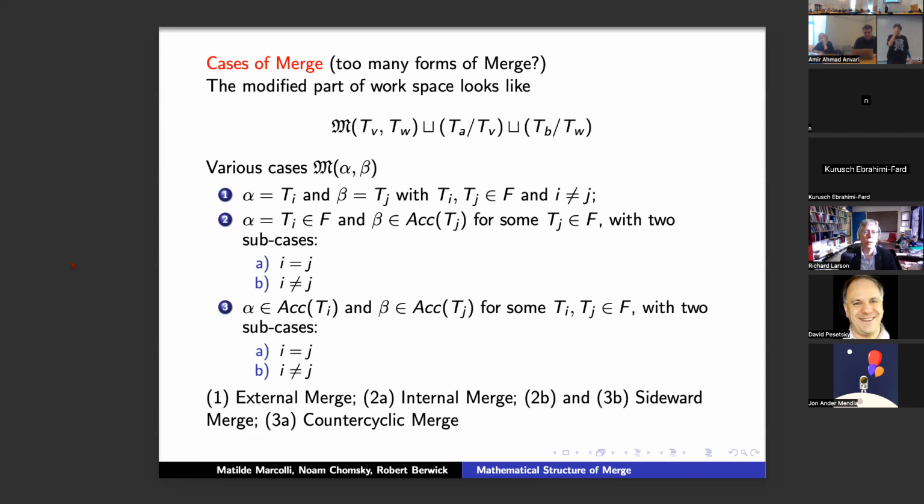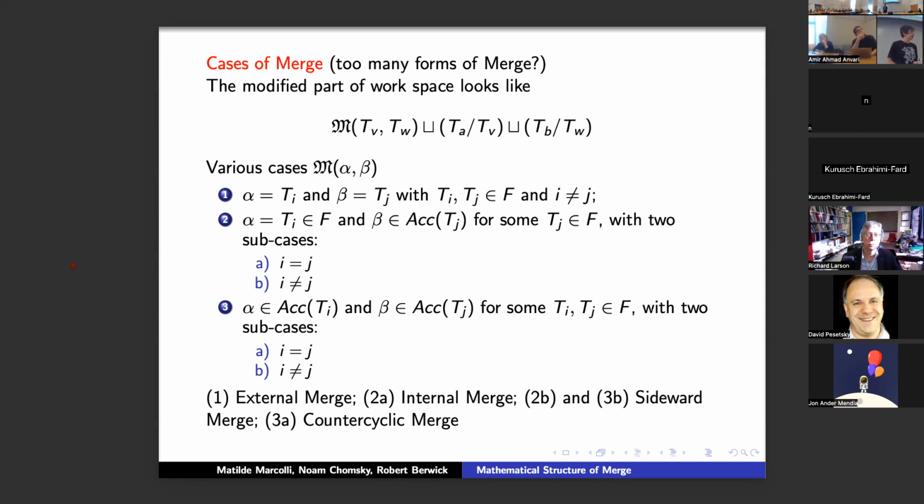So now one issue that arises is that when I describe it in this form, I get more cases of merge than what I might want to have. In particular, I can sort out a few different cases, which are listed like this. As I said, you're looking for a pair of accessible terms of the workspace.